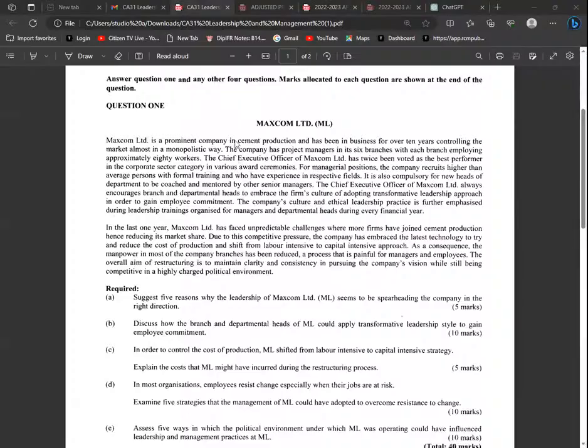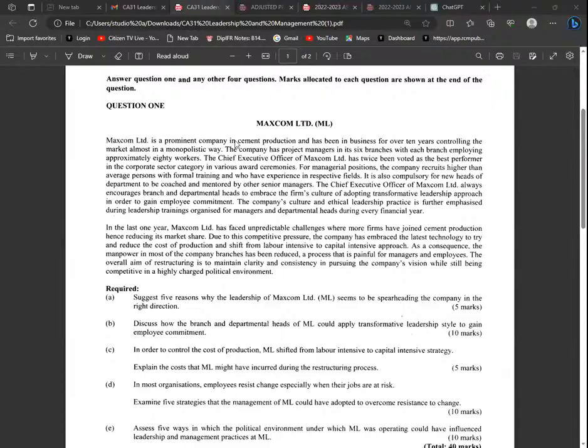Maxcom Limited is a prominent company in cement production and has been in business for over 10 years, controlling the market almost in a monopolistic way. The company has project managers in its 6 branches, with each branch employing approximately 8 workers. So we have project managers.